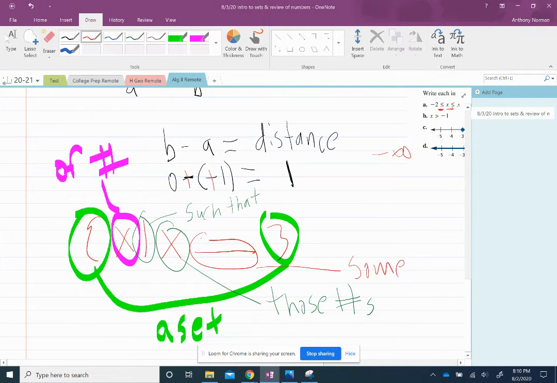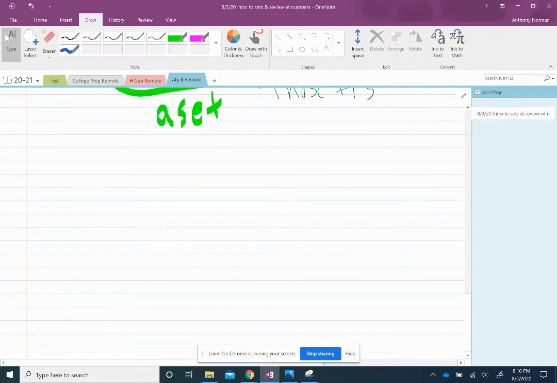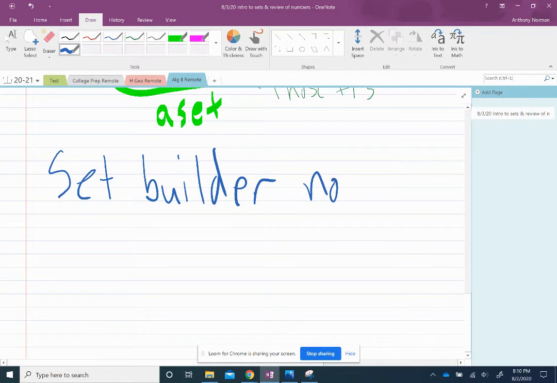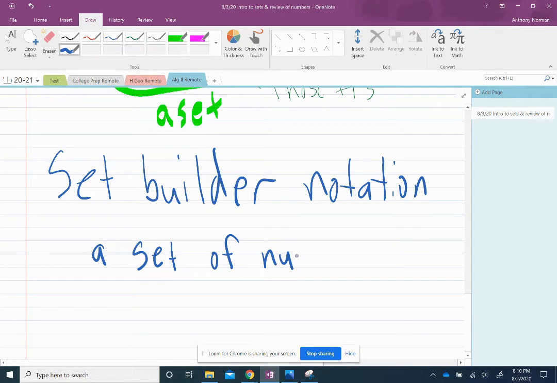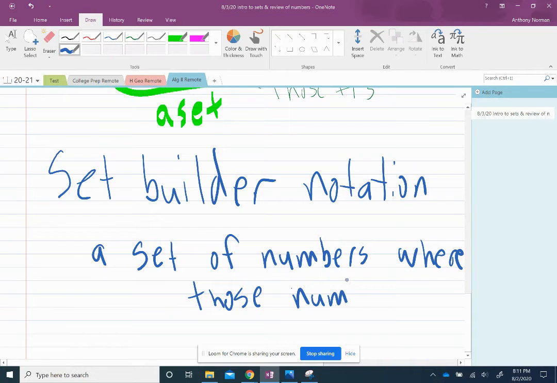So set builder notation reads a set of numbers where those numbers something.